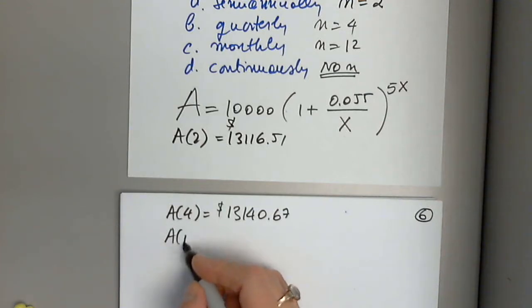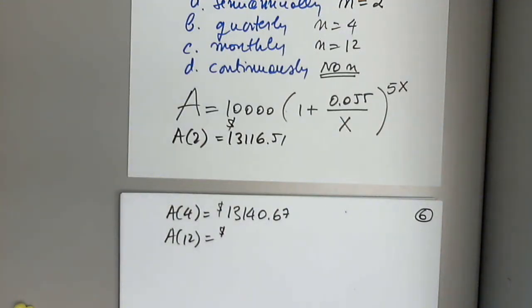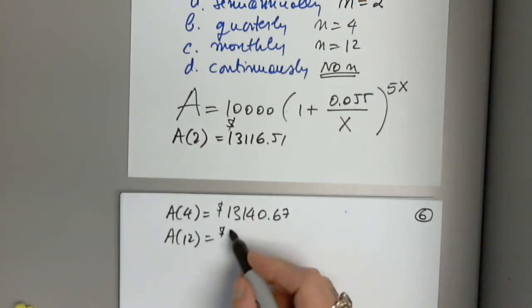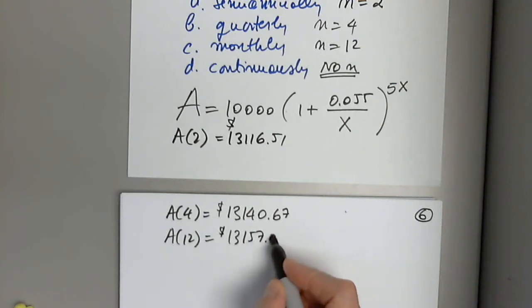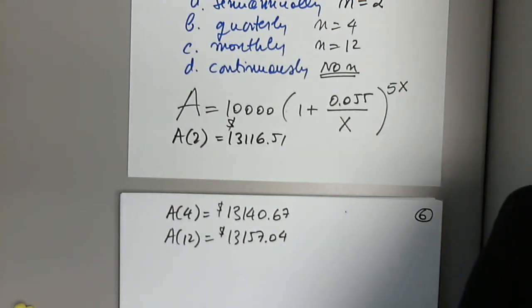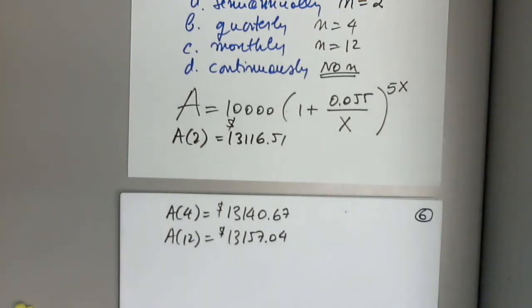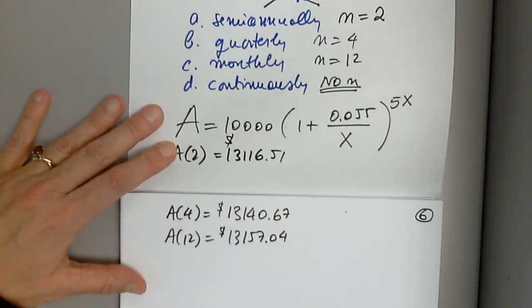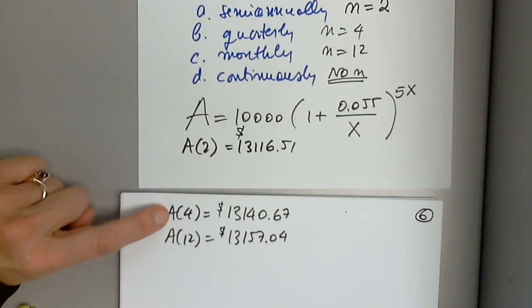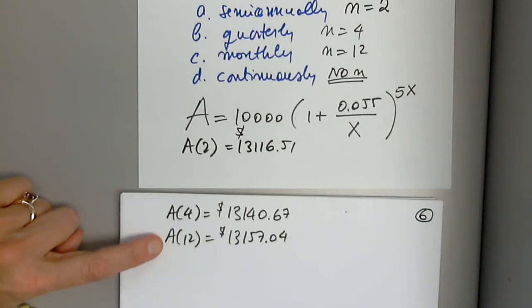And the other one is A of 12. Let's check. Go down. 13157.04. So A of 2, A of 4, 4 times a year, and A of 12.